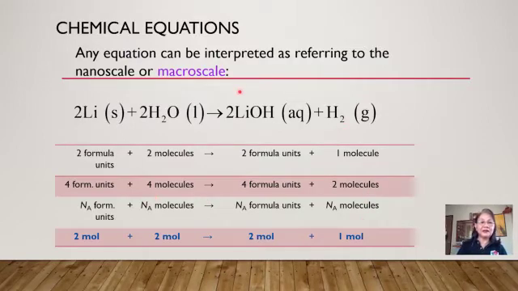On the macro scale, that is in terms of the number of moles, the coefficients of the balanced equation represent the number of moles of the reactants and the products. So 2 moles of lithium, 2 moles of water, 2 moles of lithium hydroxide, and 1 mole of hydrogen. It can be in terms of Avogadro's number as well.